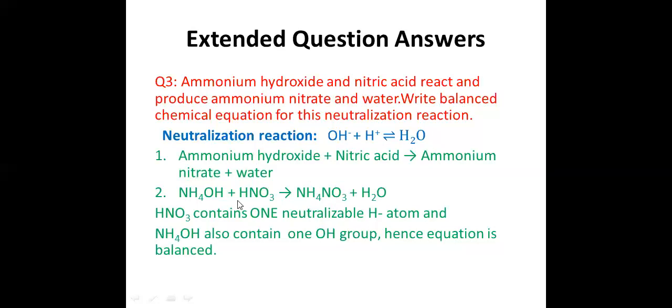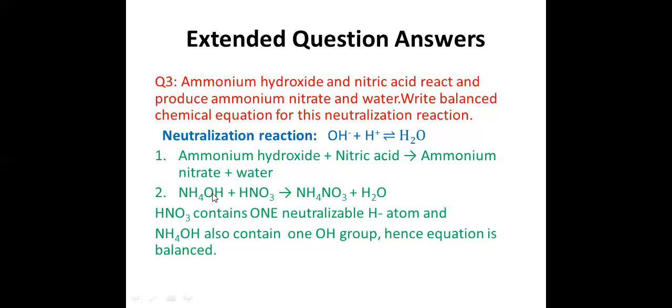So you can see that in nitric acid we have one hydrogen atom. And in ammonium hydroxide, again, there is only one hydroxyl group. So as I told you before, in order to neutralize one hydrogen atom, we need one hydroxyl ion. So for one hydrogen atom, one hydroxyl ion is present.